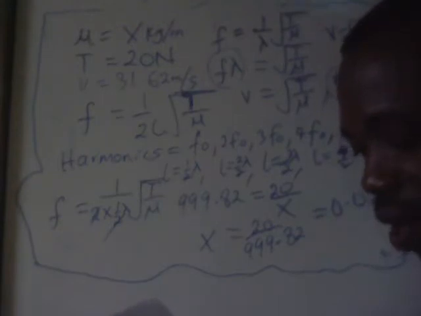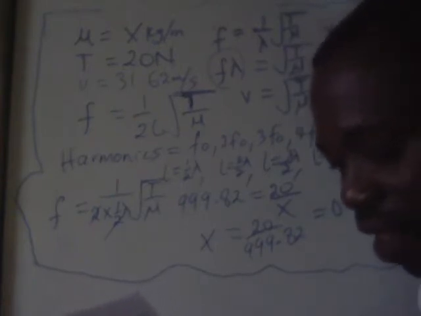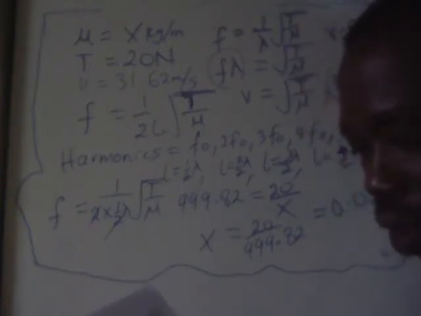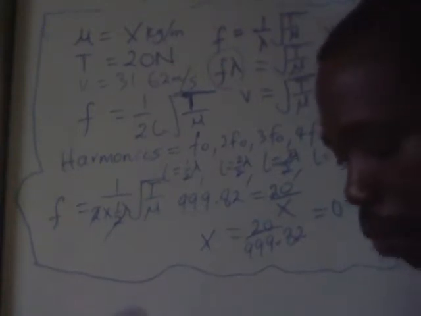So option C is wrong, option C is 3 times 10 to the minus 3, option D is 4 times 10 to the minus 5, option E is 6 times 10 to the minus 5. So option B is the correct answer, 2 times 10 to the minus 2 kilograms per meter.